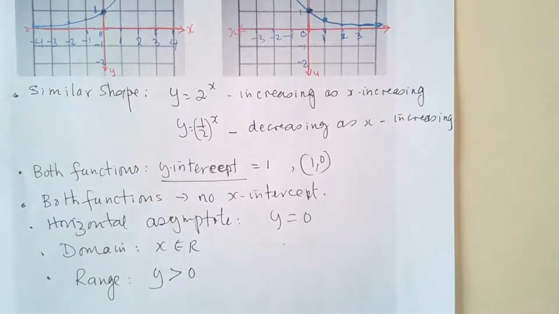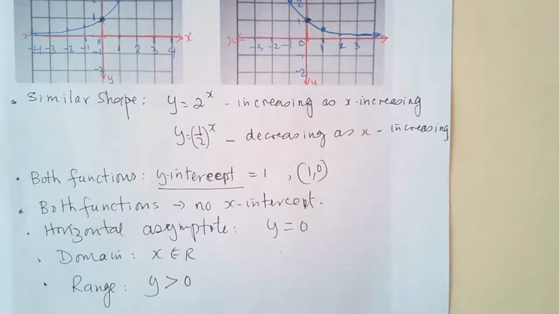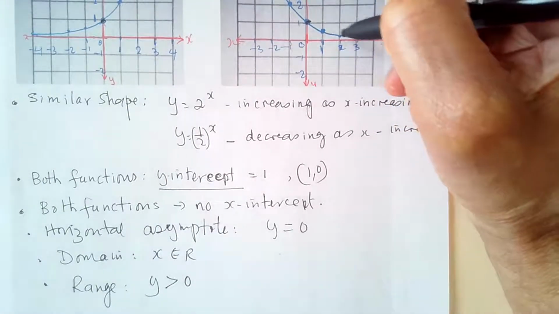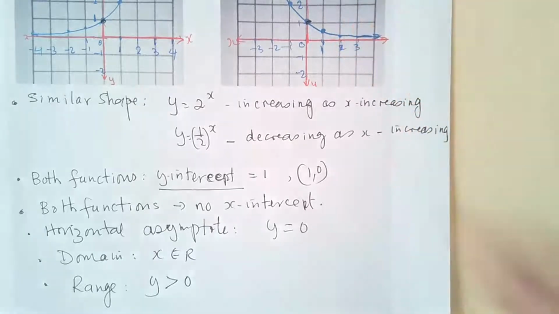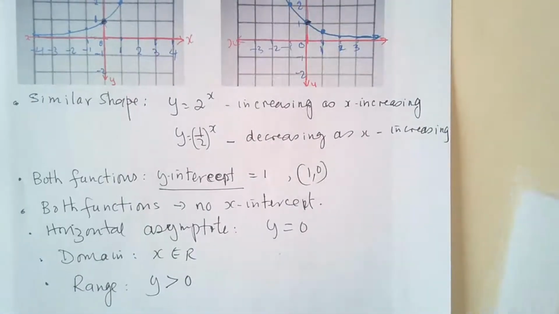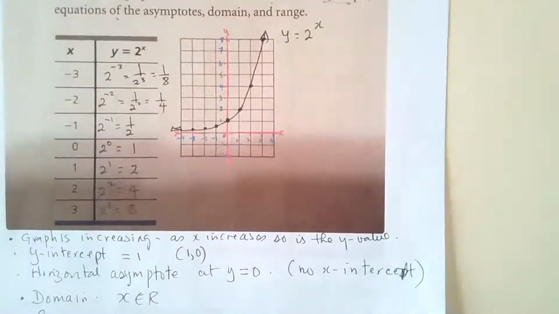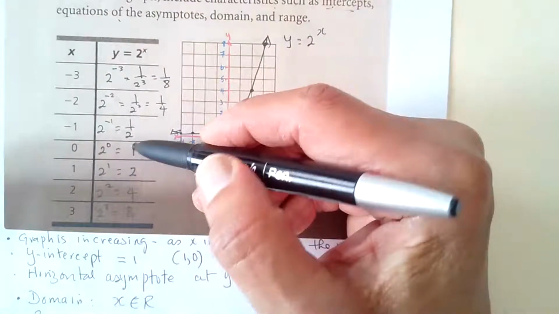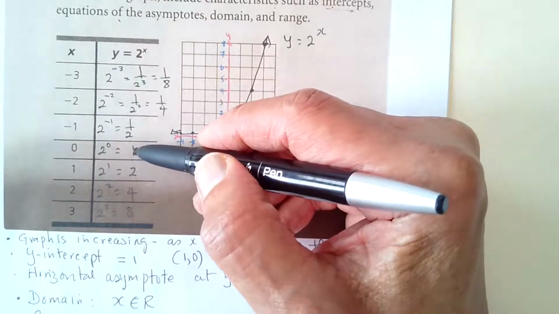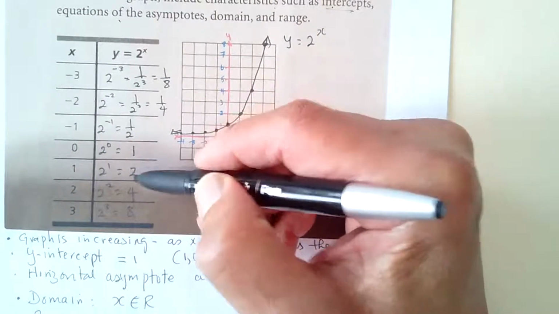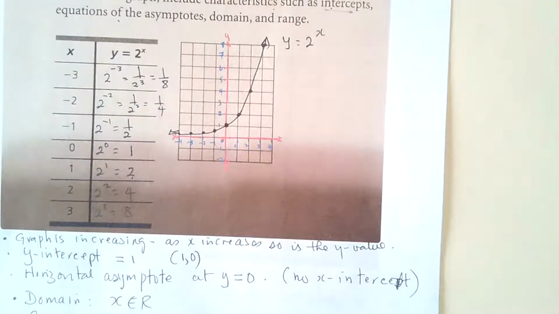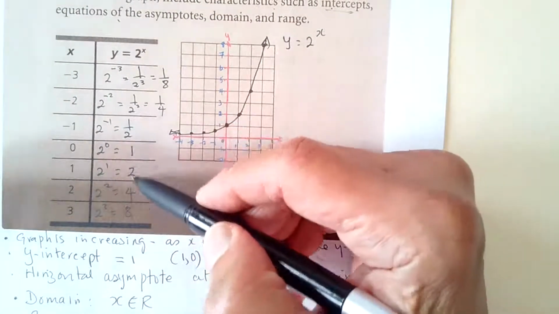Now, I'd like to point out that if we were to look at the ratio of consecutive y values, and go back to our first graph, notice the ratio between two consecutive y values is a constant.